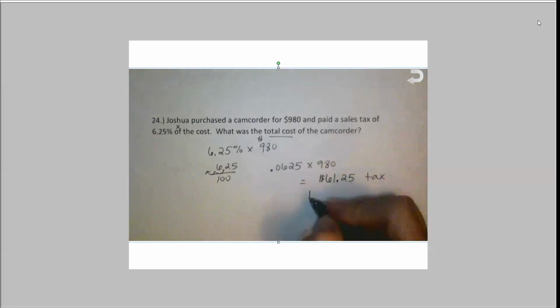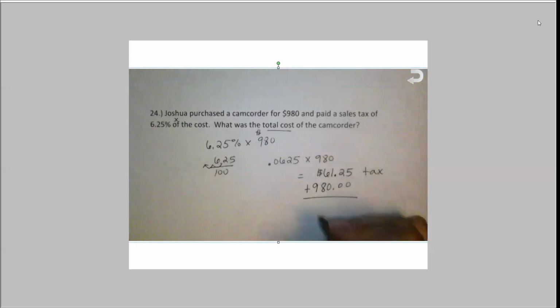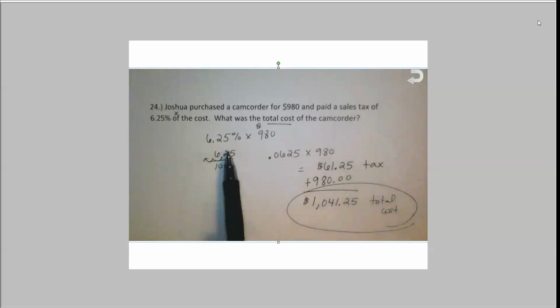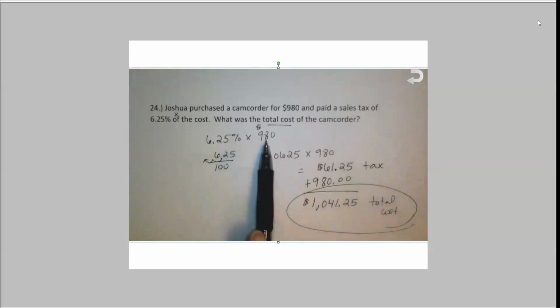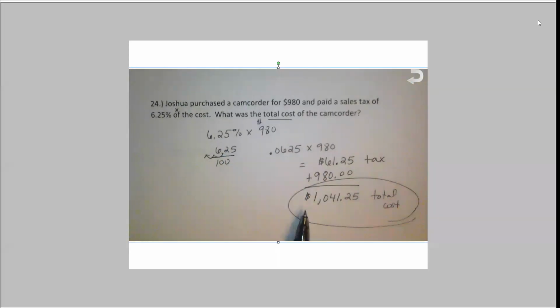So I'm going to add that sales tax back to the original cost of that camcorder, and that gives me a new price of $1,041.25. So be careful. That was kind of a 2-step problem here because we had to turn our percent to a decimal, multiply by the cost, and then take that tax and add it to the original cost to get the total cost of that camcorder at checkout.